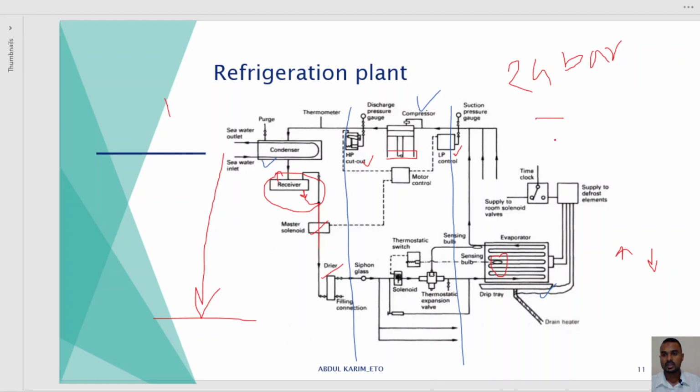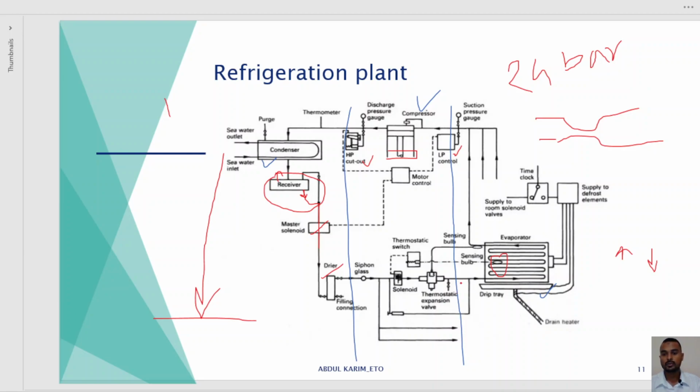If you just have a look at this picture, when the high pressure, low temperature liquid refrigerant expands, at that instant it reduces its temperature and pressure also. It loses its temperature and pressure.